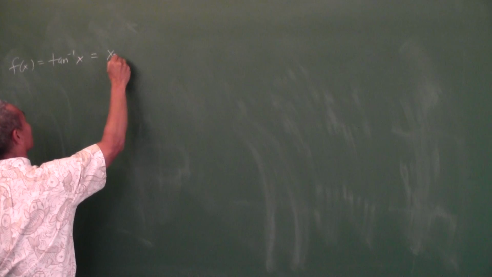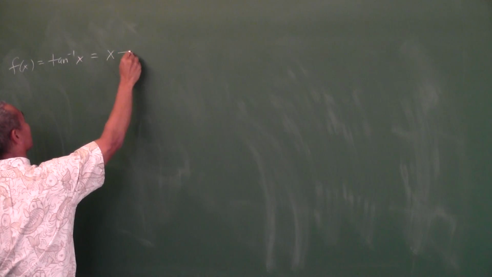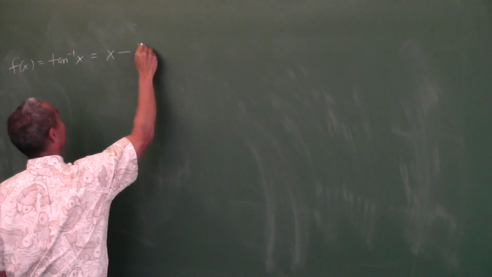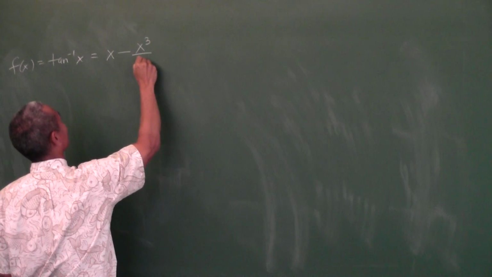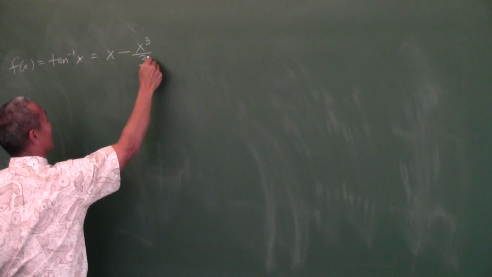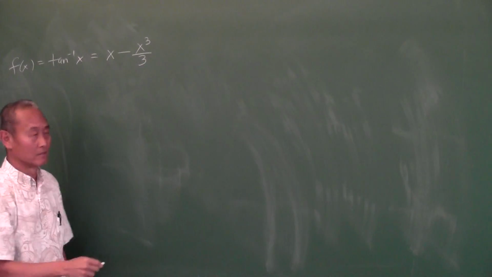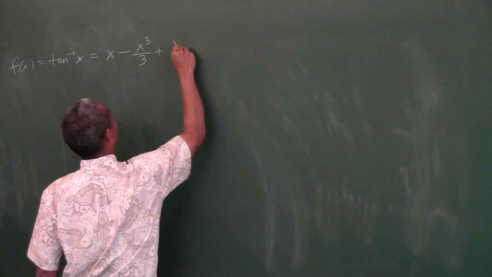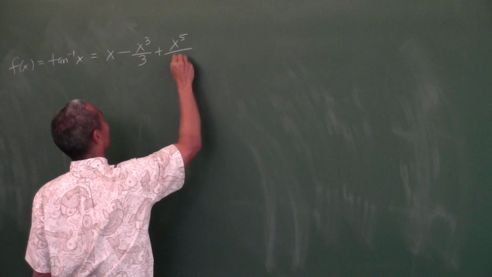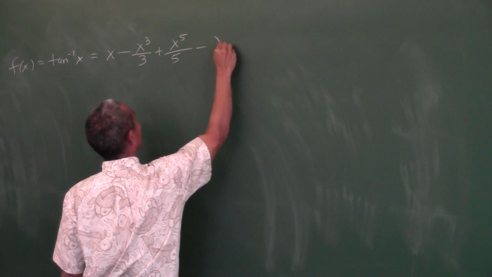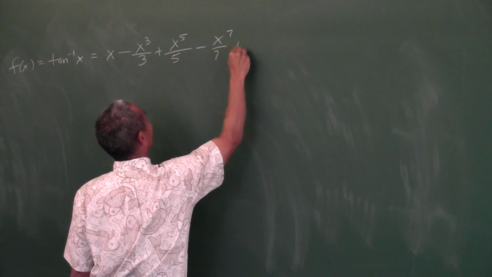x minus x squared over 2 plus x cubed over 3 factorial, minus x to the 5th over 5, plus x to the 7th over 7.